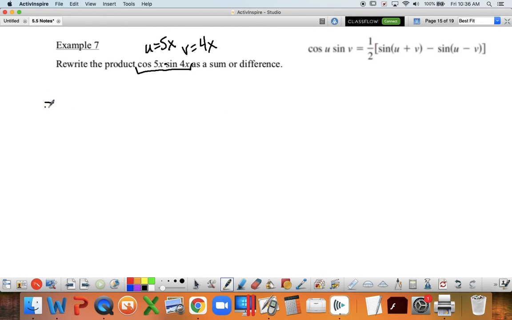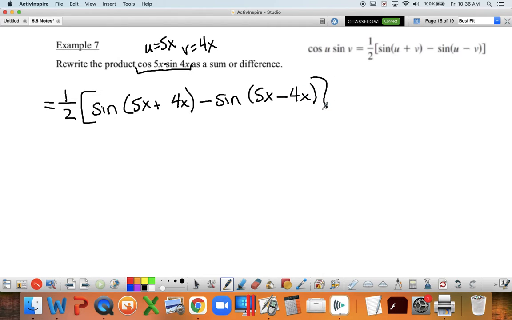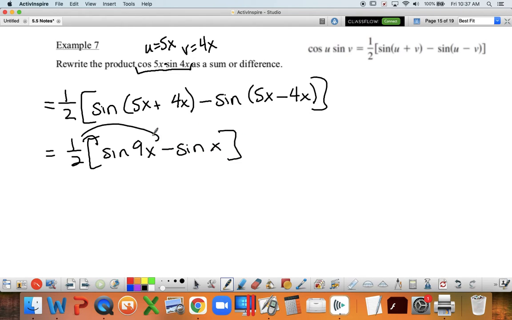So we're going to get 1/2 times the sine of 5x plus 4x minus the sine of 5x minus 4x. So that's going to equal 1/2 times the sine of 9x minus the sine of x. And then if we need to distribute this 1/2 through, depending on the question, depending on if it's a multiple choice question or whatnot, here is our final answer.